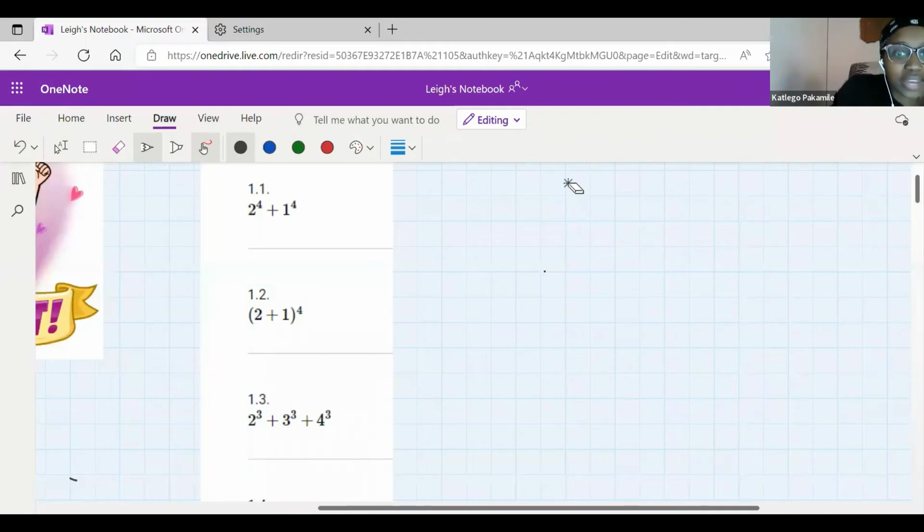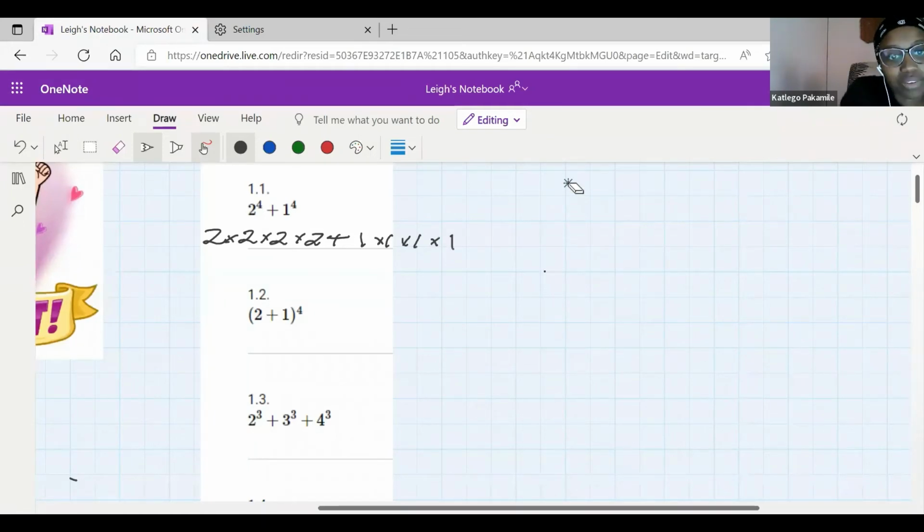Well done. Okay, for everyone who needs me to repeat that, she said 2 to the power of 4 is the same as 2 times 2 times 2 times 2, and then plus 1 to the power of 4 is 1 times 1 times 1 times 1.